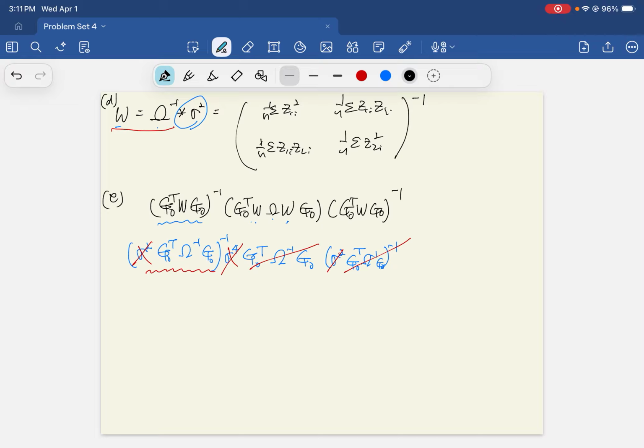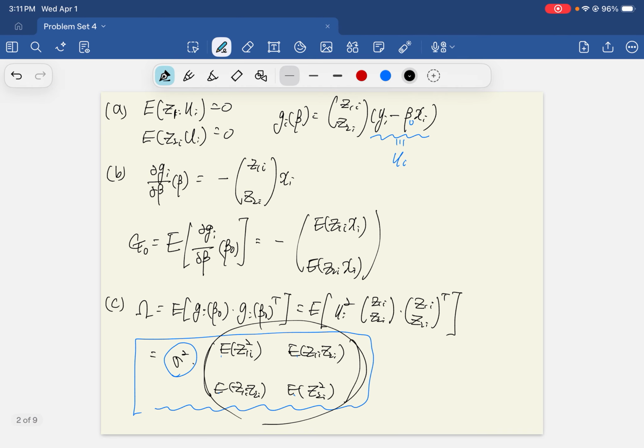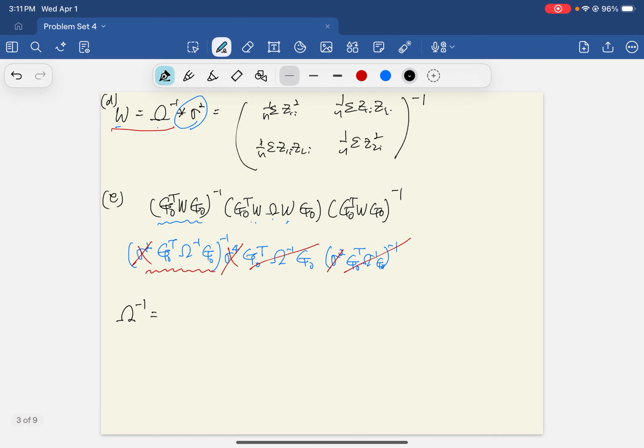So now then, we have to calculate this guy. That is annoying. So let me calculate omega inverse. Remember, omega looked like this. This is omega. We are going to invert this. So first I will start with 1 over sigma squared.